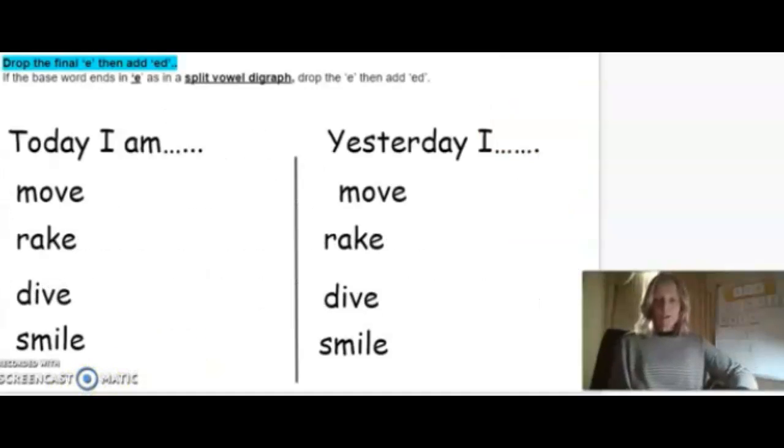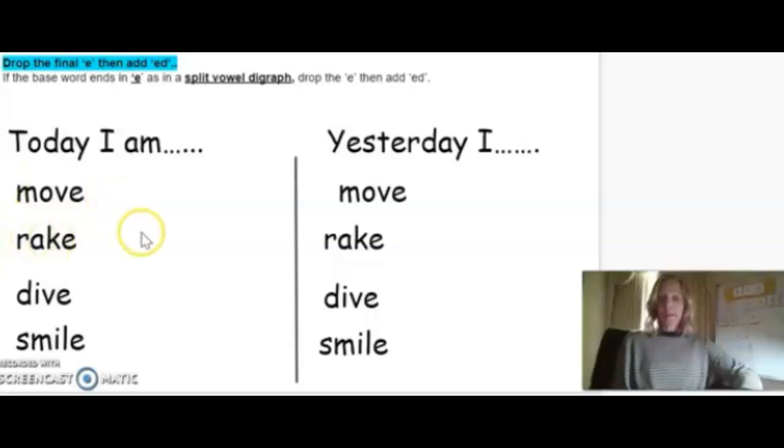So the first rule we learned about was if our base word had a final E, or the last letter in the word was an E. What was the rule? Let's say it. If there's a final E, drop the E and add ed, or drop the E and add ing. So we're going to do that now together. Our base word is move.